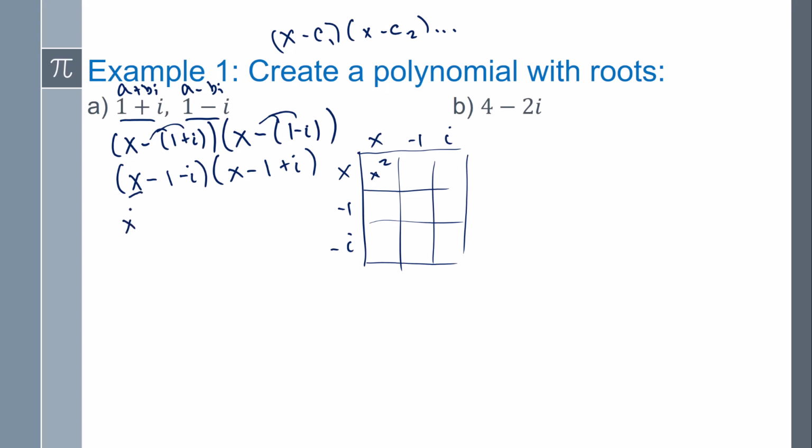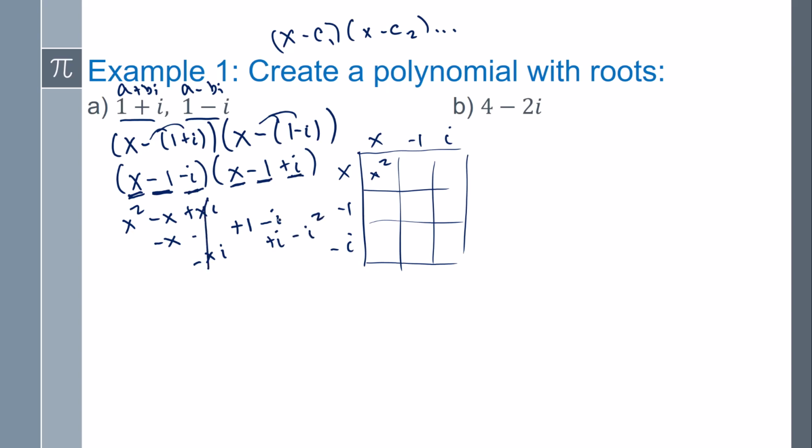So x times x is x squared, x times negative 1 is negative x, x times i is xi, negative 1 times x is negative x, negative 1 times negative 1 is positive 1. Notice I'm lining them up. And then negative 1 times i is negative i. And then negative i times x is negative xi. Negative i times negative 1 is positive i. And negative i times i is negative i squared.